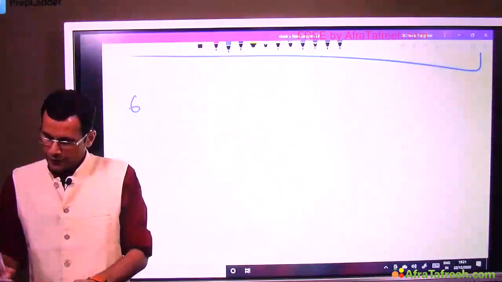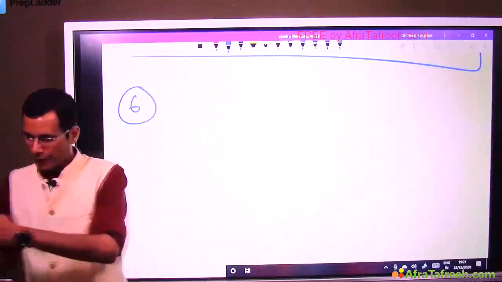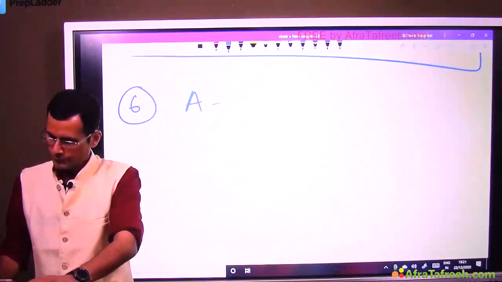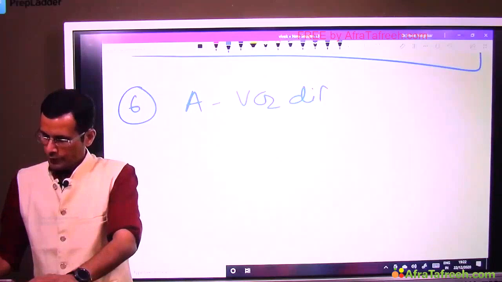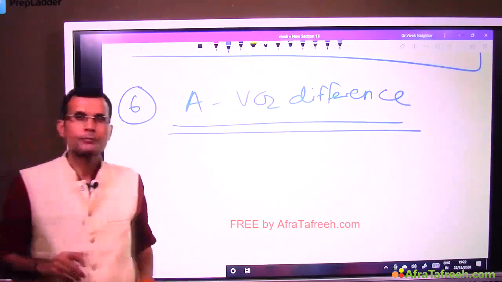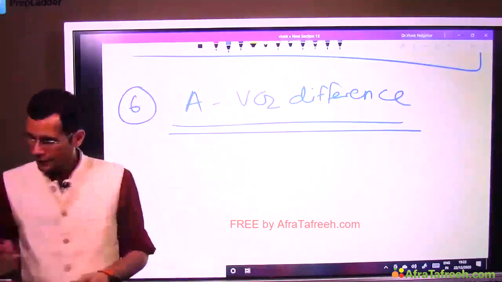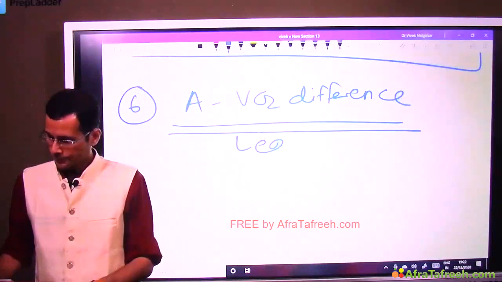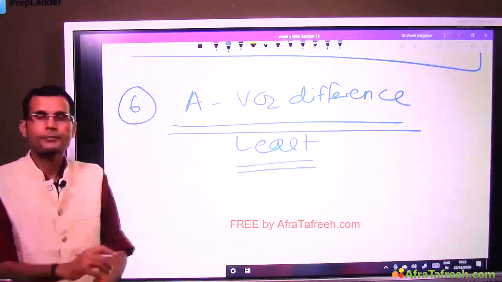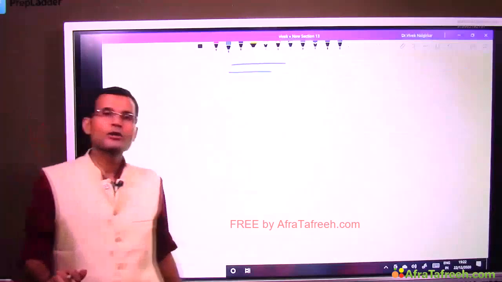Then next, sixth, arteriovenous oxygen difference. This is least in the kidneys. Least 12.5%. So what is this arteriovenous oxygen difference?